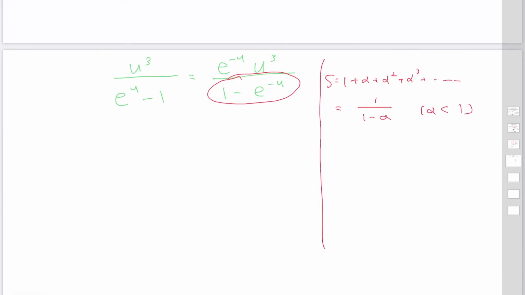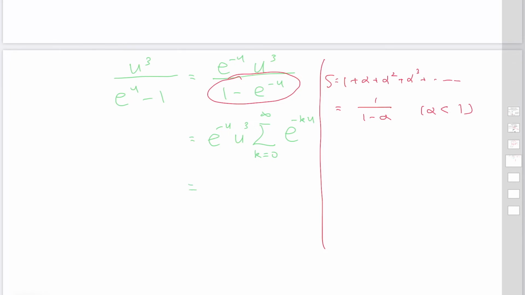We use this relation to express this part, so it becomes u cubed exponential minus u times the infinite series.